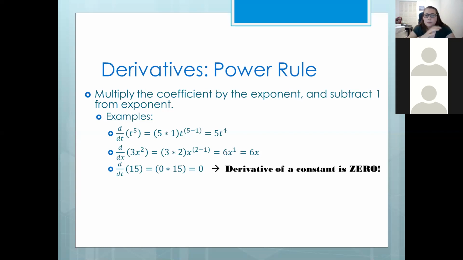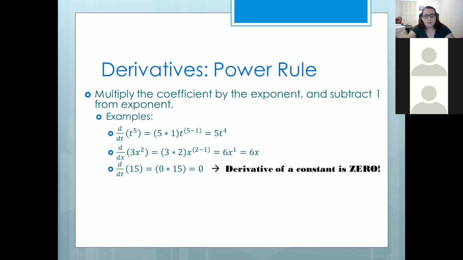So, following still the power rule, if we bring that exponent 0 and multiply it by the coefficient, 15, then it's just 0 times 15, which is 0. So anytime you have a constant number, the derivative of a constant is 0.